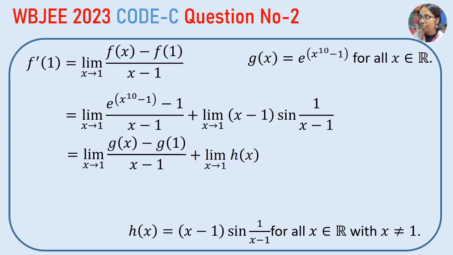Now by definition, limit x tends to 1 of (g(x) minus g(1)) upon x minus 1 is equal to g dash 1, plus limit x tends to 1 of h(x).